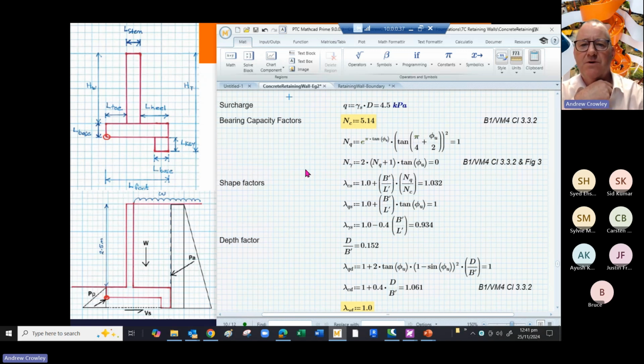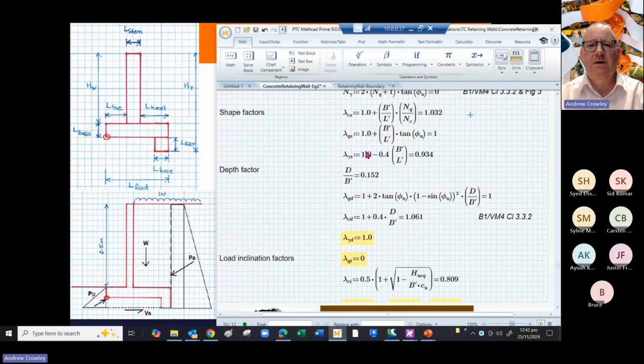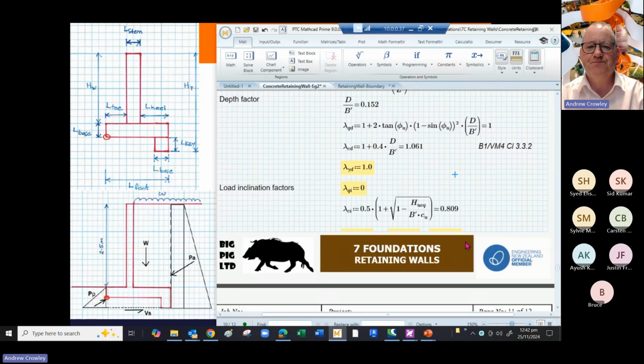Bear in mind that bearing capacity factors differ depending on whether you're looking at undrained or drained situations. So B1 VM4 gives you an NC value of 5.14. Then you can easily derive the NQ and N gamma either by looking at the graphs or by popping them into the equations given in B1 VM4. Similarly with the shape factors and the depth factors that we've seen before.